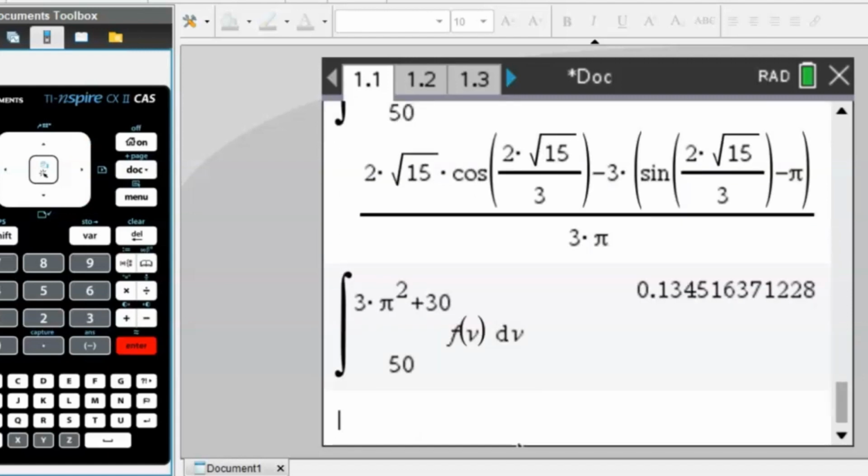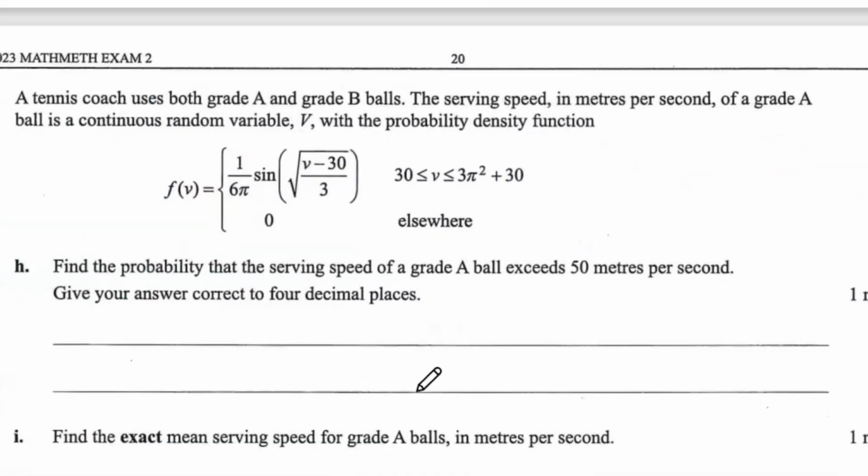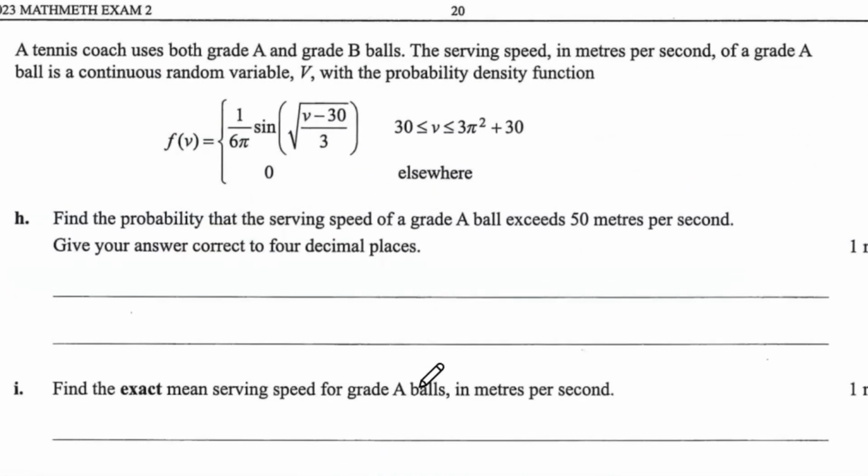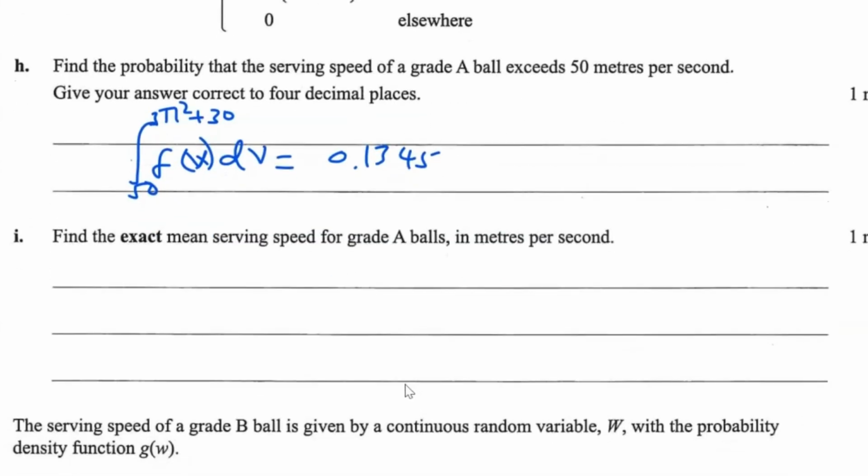All right, now I want to find out f of v from 50 to 3 pi squared plus 30, which gives us 0.1345.